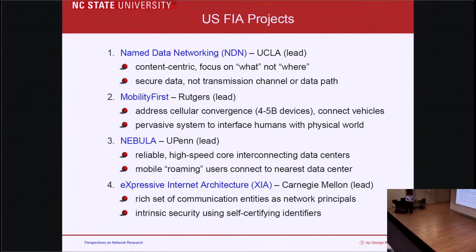Okay, and so there's basically 4 projects that are in the order of about $10 million each that are looking at various architectures. One is the named data networking that is led by UCLA, and the focus here is on the what, not where. So in other words, you don't say, I want to get the content from the CNN server, you just say, I want to get this video, right?